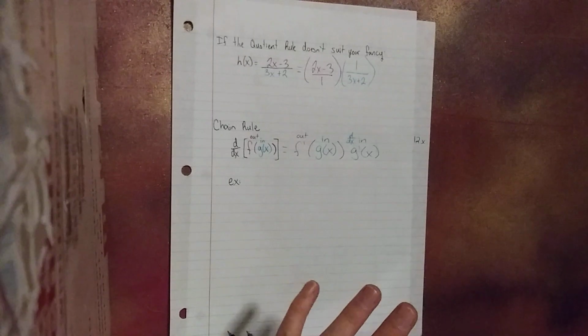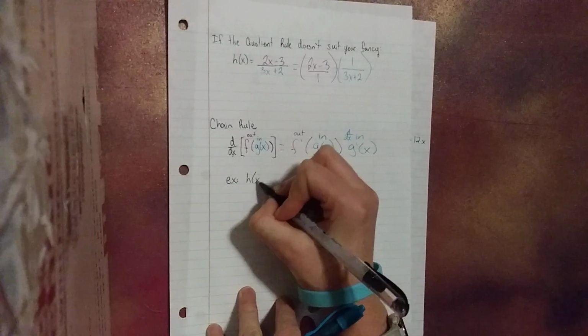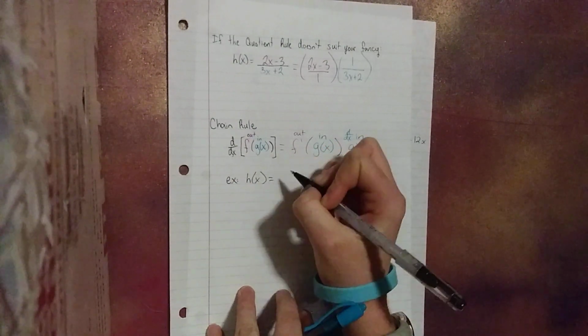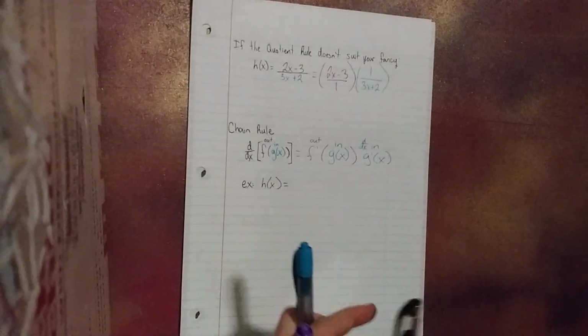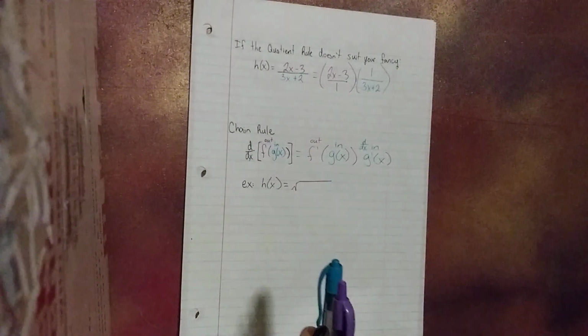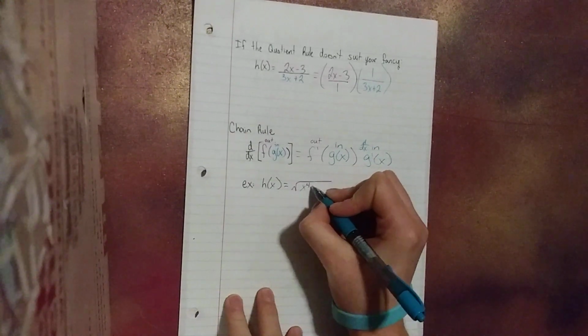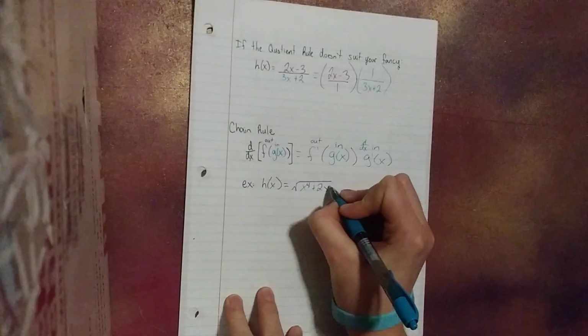So it's a little bit easier to understand if you have an example. So we're going to do exactly that. So we have h of x again, and it is equal to the square root of x to the fourth plus 2x.